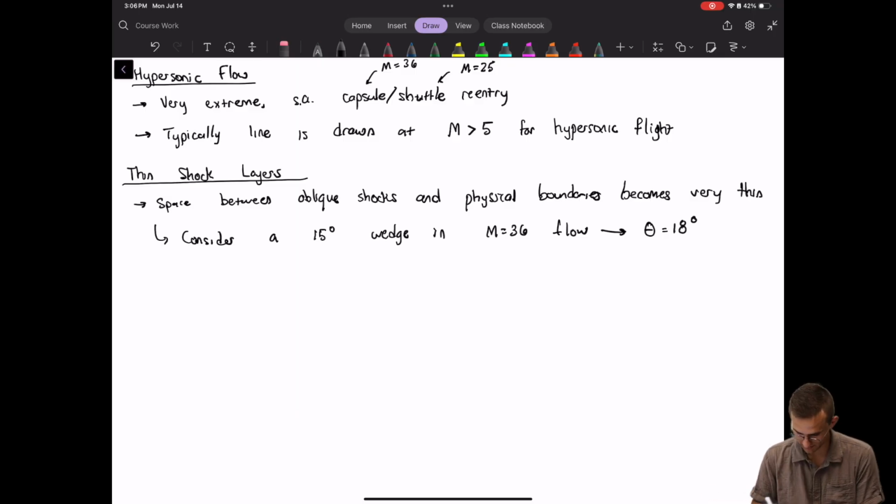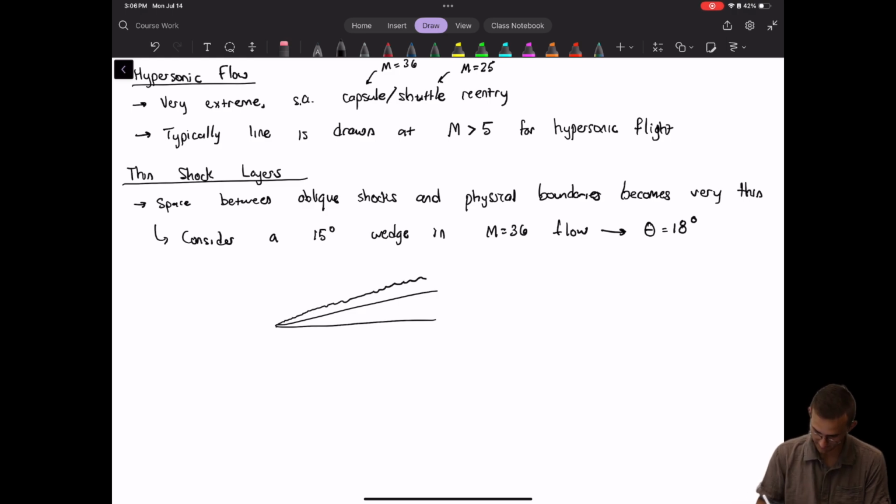What it would look like is the following: you have this very thin wedge, and then the shock is only 3 degrees separated from the surface. This larger angle here is 18 degrees, and this smaller angle here is 15 degrees. In fact, this is even a little exaggerated. The layer would be even closer to the surface. But this space here is what we term the shock layer.